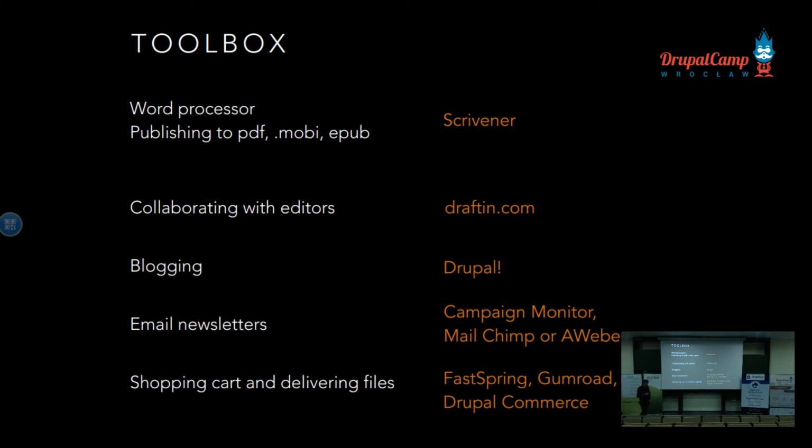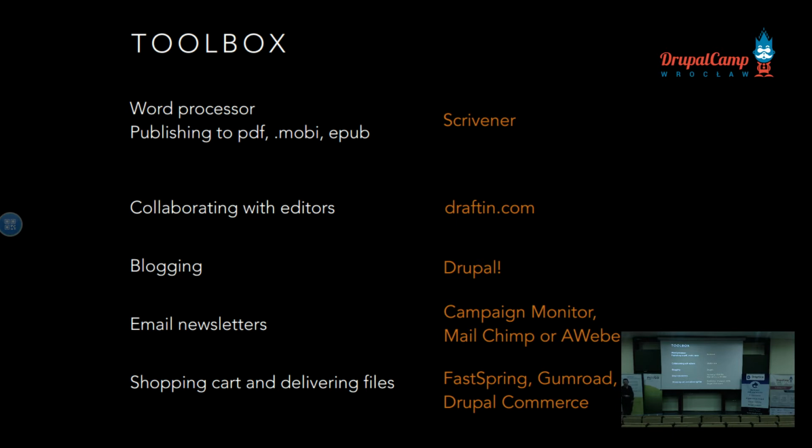I used FastSpring for mine. The reason why I did that is because I was busy writing a book. I was busy writing blog posts. I was busy thinking about what my audience needed. I was busy thinking about marketing. I didn't have time to set up Drupal Commerce. I didn't have time to maintain it.